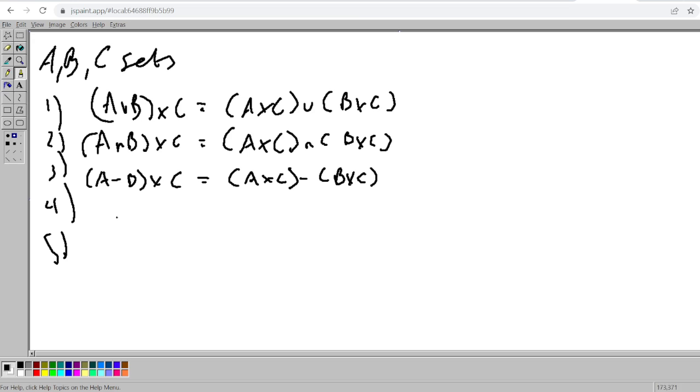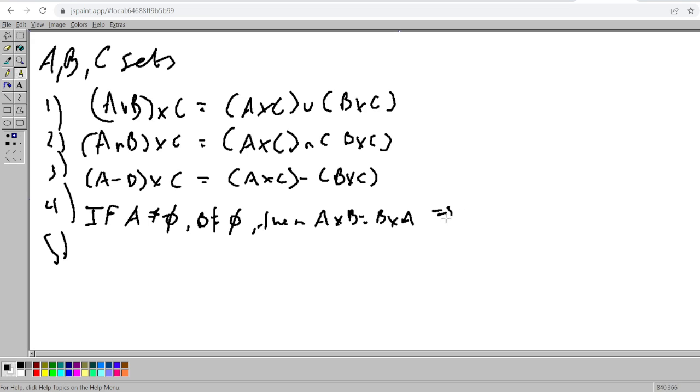And then if A is not empty, and B is also not empty, so basically there's no trivial case, then we have that A × B is equal to B × A is equivalent to saying that A is equal to B. And that just makes sense if you know the definition, considering that A × B would be pairs (a, b) where a is in A, b is in B, and then B × A would be pairs (b, a).